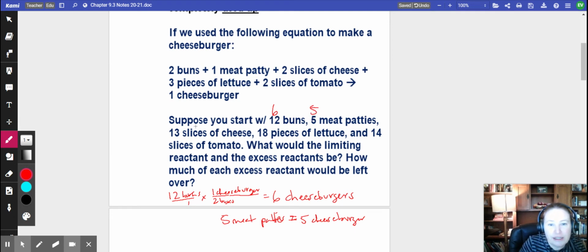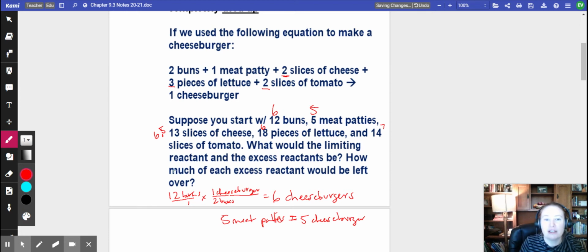With 13 slices of cheese, because this particular cheeseburger has 2 slices in each, that means 13 divided by 2 is 6.5 cheeseburgers, which of course we can't make a half cheeseburger. 18 pieces of lettuce. I need 3 for each cheeseburger, so that's 6 cheeseburgers. And then 14 slices of tomato. If I put 2 on each, that means I can make 7.